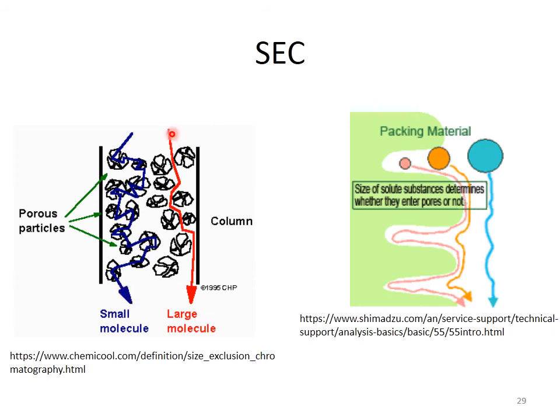Larger proteins, on the other hand, will not be able to penetrate inside these pores because their size is greater. So larger proteins will move through the spaces between the beads, and hence they travel less distance and they are going to be eluted first.